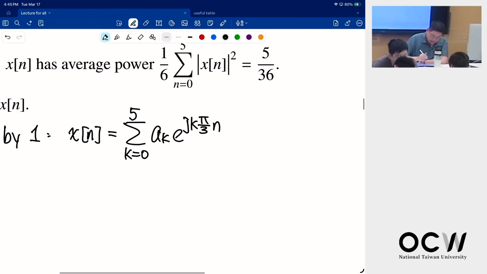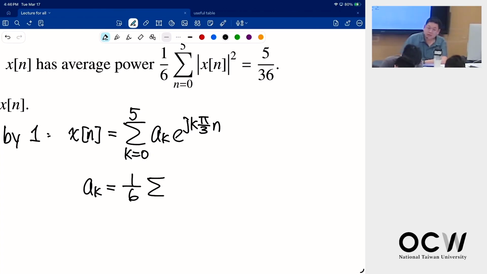Then the coefficient is 1 over the fundamental period, and then you do the inner product of your signal with the basis with a conjugation, n from 0 to 5.